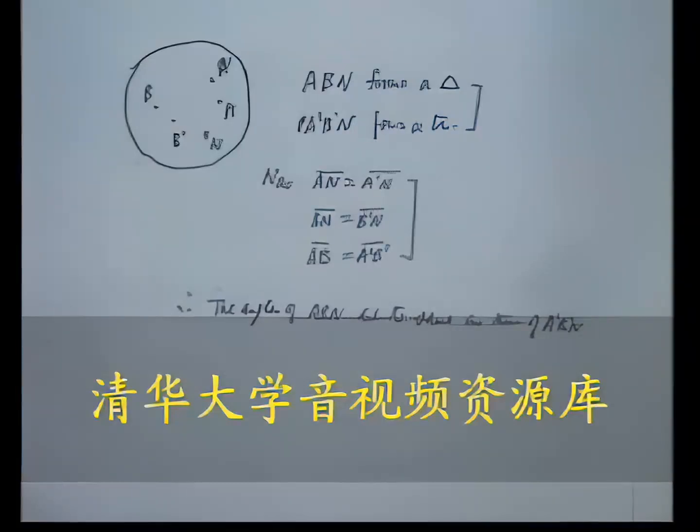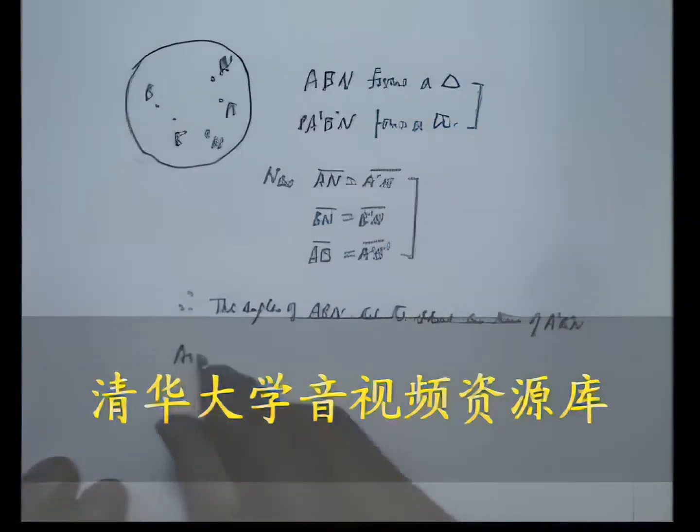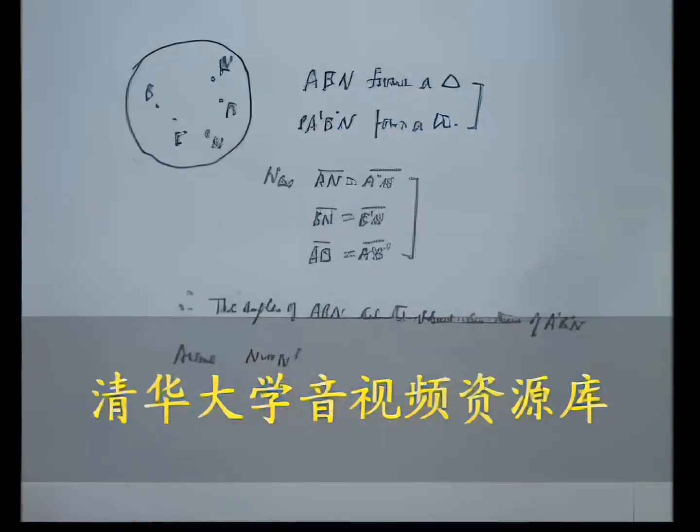Now, N is also a point on the sphere. So in the motion, it goes to a new point, and let's call it M prime. I now want to prove M prime has to be equal to N. That means that point is not moved.